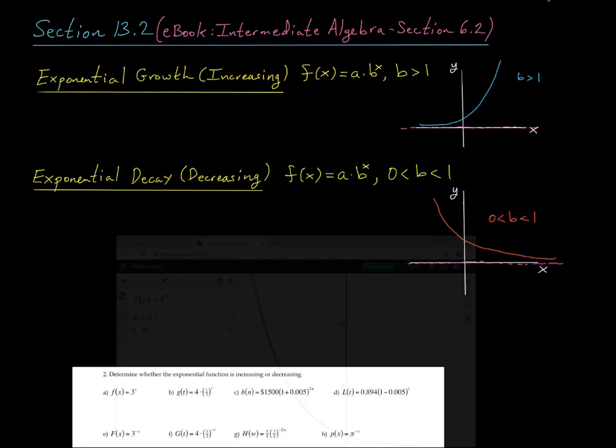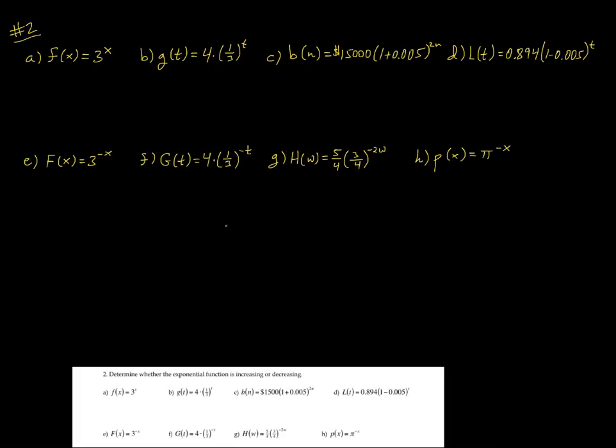All right, cool. So now let's go ahead and look at problem number 2 on the worksheet. It says to determine whether the exponential function is increasing or decreasing. And based on what we just said, really all this comes down to is asking, well, is our base larger than 1 or is it between 0 and 1? So for part A, our base b is 3, which is certainly greater than 1.